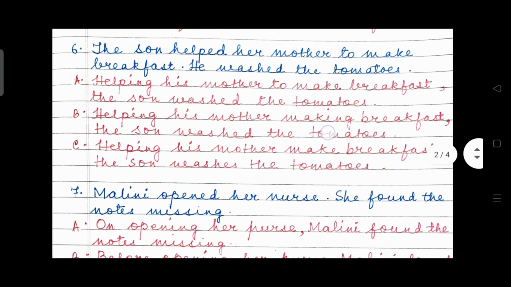The next one. The son helped his mother to make breakfast. He washed the tomatoes. Option A: Helping his mother to make breakfast, the son washed the tomatoes. Option B: Helping his mother making breakfast, the son washed the tomatoes.